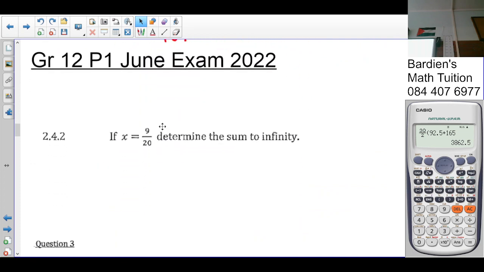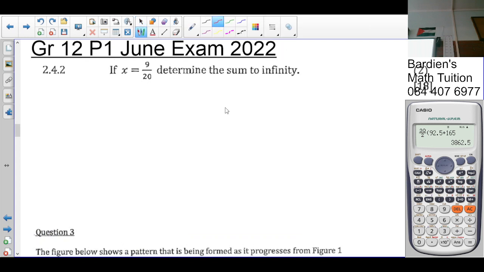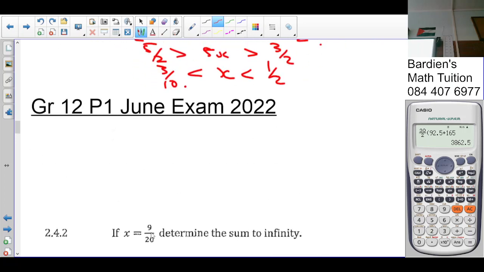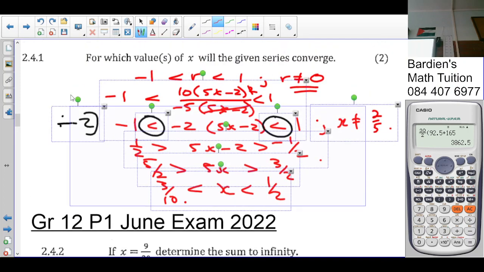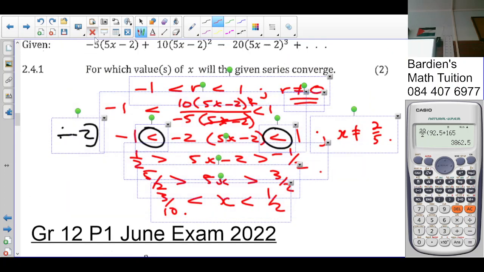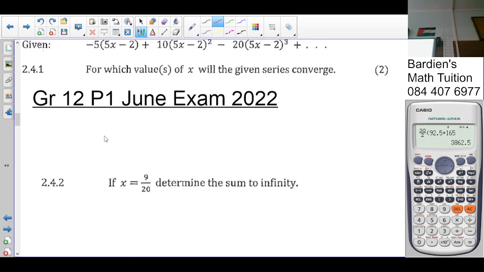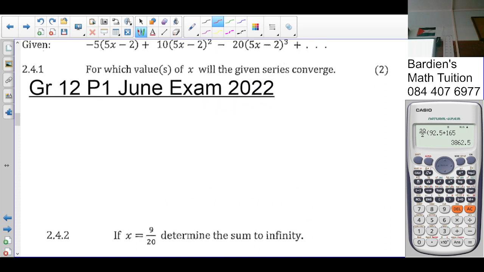The next question says, if x is equal to 9 over 20, determine the sum to infinity. So for the sum to infinity, it follows the formula a over 1 minus r.